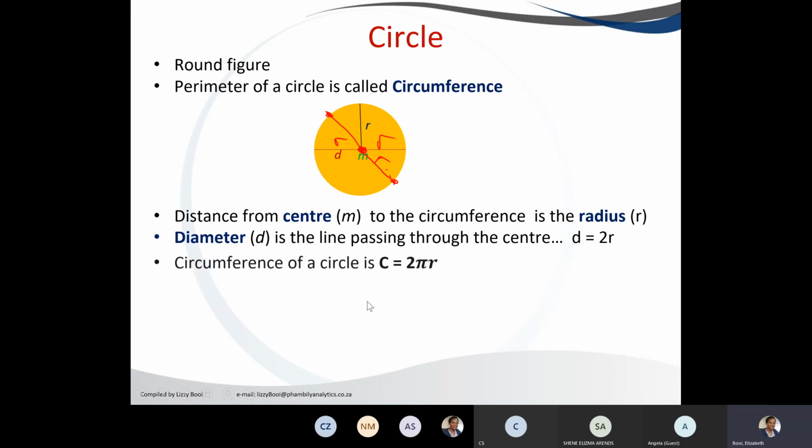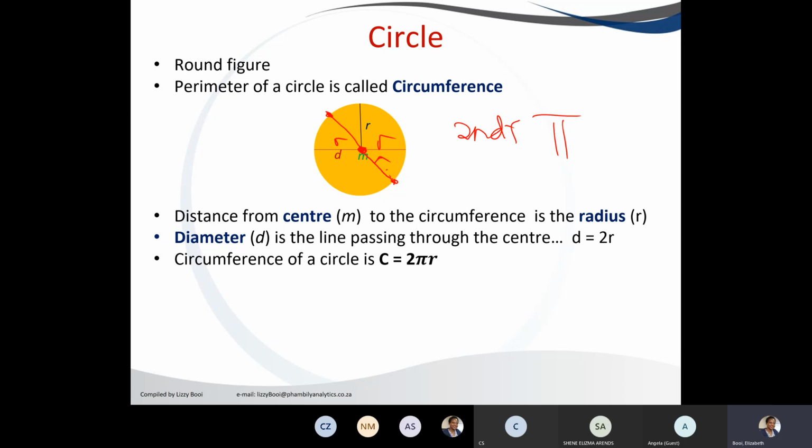We use the formula, and the formula is 2 pi r. On your calculators, those who have a financial calculator, your pi is on the closed bracket, and it looks like this. Those who are using the Casio, you must also find it on your Casio calculator. If it's written in orange, you first need to press the second function to get to that.